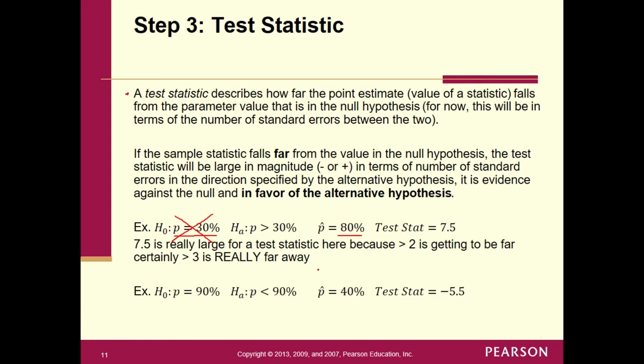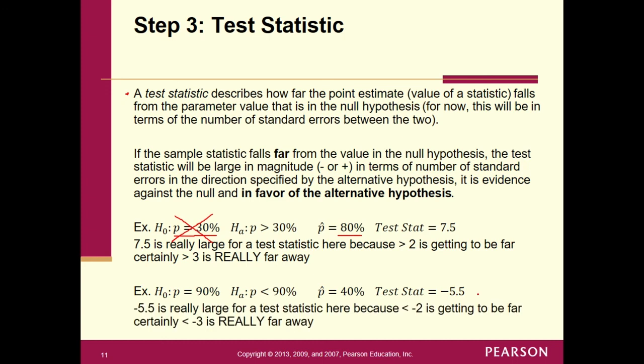Let's flip it around. Let's say that we were testing p is equal to 90% versus p is less than 90%. Let's say p hat turns out to be 40% in that situation, and the test stat turns out to be a negative 5.5. Well, negative 5.5 is really large for a test stat here, because a negative 2 is getting to be kind of far away in terms of standard errors, and certainly less than negative 3 is really far away.